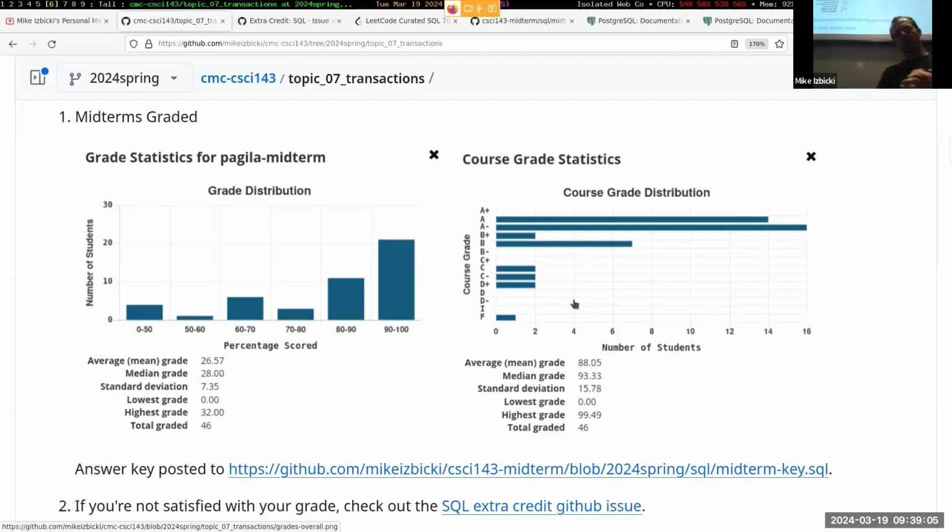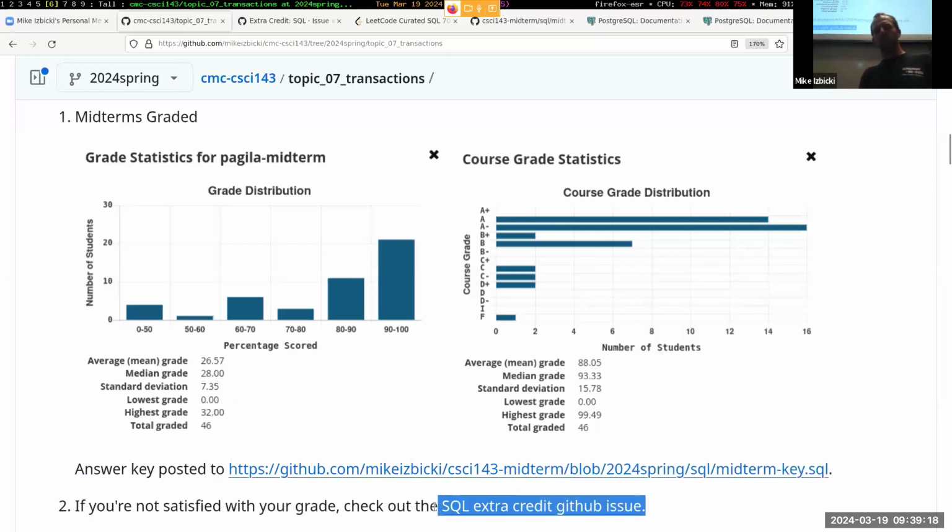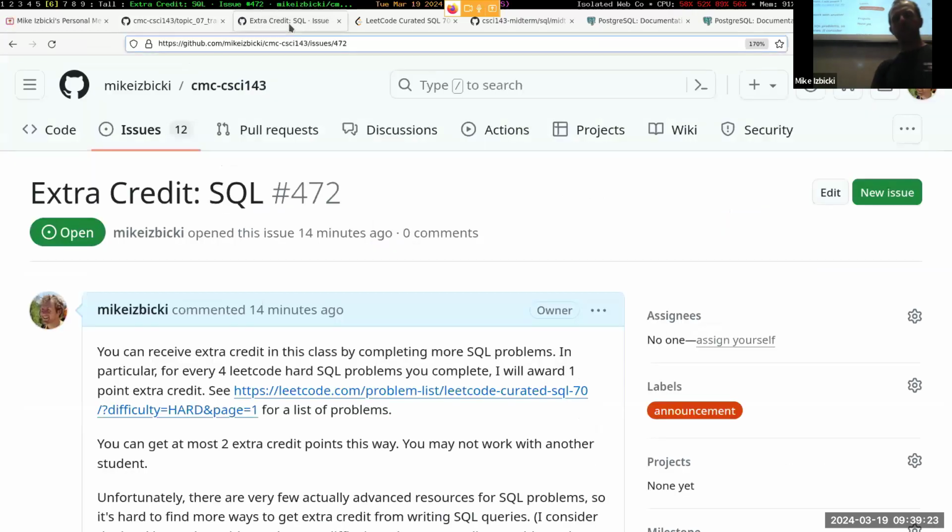But one last thing to highlight: if for whatever reason you're not satisfied with your grade on the midterm or in the class overall, I've just posted this SQL extra credit GitHub issue that you can take a look at.